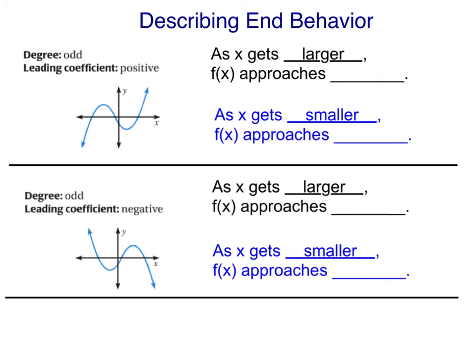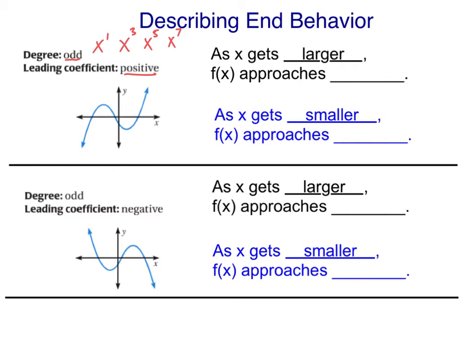So this is something you should write down, put on a card or a piece of paper or a notebook, and have it as your end behavior flip chart. And take a look here at this graph if it is odd and positive. What I mean by that is the degree is odd. So the degree is x to the 3rd, x to the 5th, x to the 1st, x to the 7th.